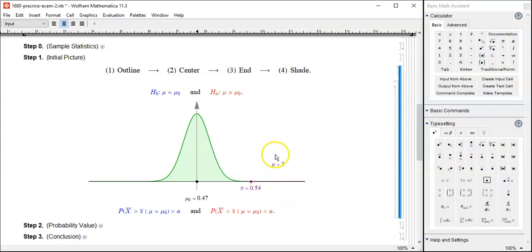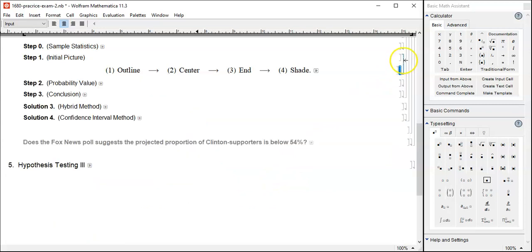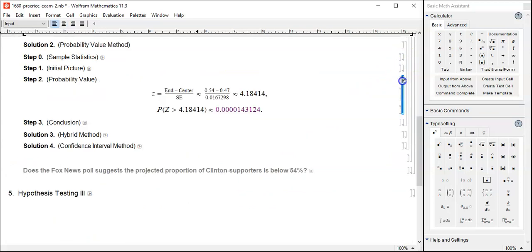But look at this picture. I drew it in real scale, and I cannot even see anything here, which means this probability is going to be extremely small. If you drew the picture by hand, then maybe you can't see this, but you'll see that this probability is so small that the alternative clearly wins. But, well, let's do this computation anyway.